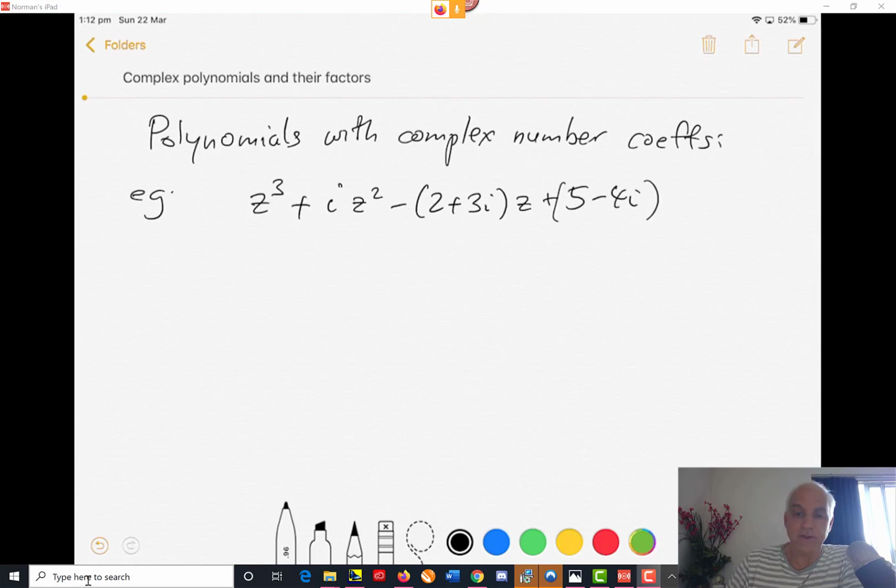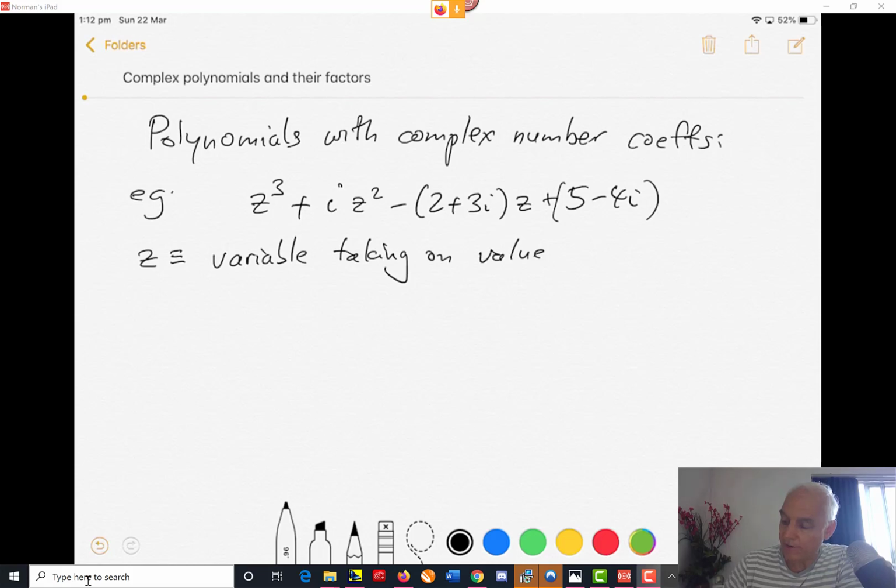Okay, so this is a polynomial in z. So z is, generally speaking, a variable taking on values in our complex number system.